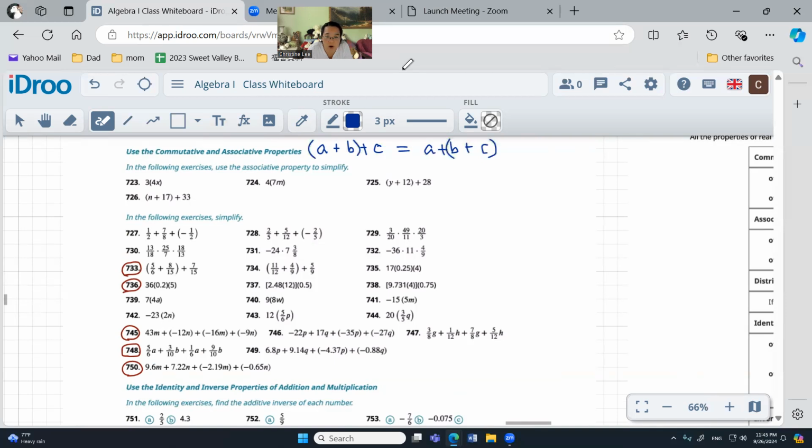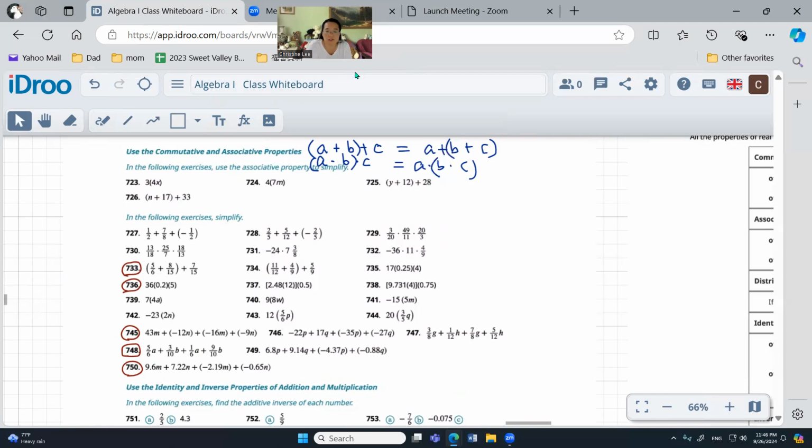Or A times B times C, same as A times B times C. If you put it in the front first or in the back first, same thing. That's associative. We just have to remember, associative means front and back doesn't matter for plus and multiply.